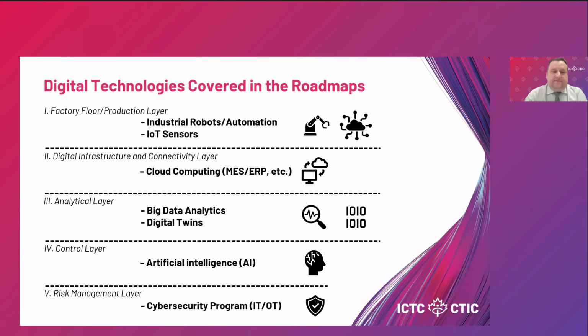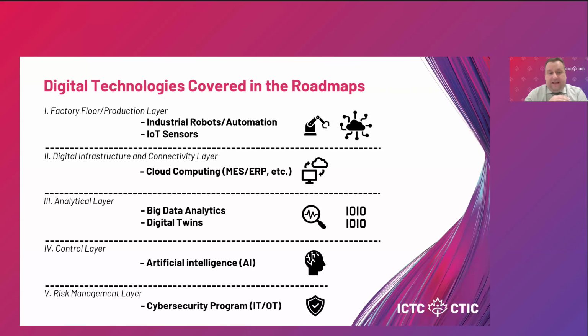We found it useful, as we engage with manufacturers, to think about how these technologies might interact in layers. For example, having a factory floor production layer where you deploy industrial robots and automation technology, as well as the sensors that gather data to feed into your digital systems. Then having that digital infrastructure connectivity layer for cloud computing was important.